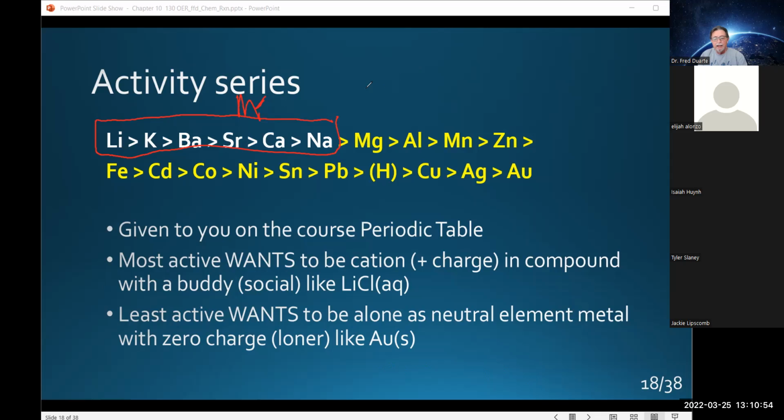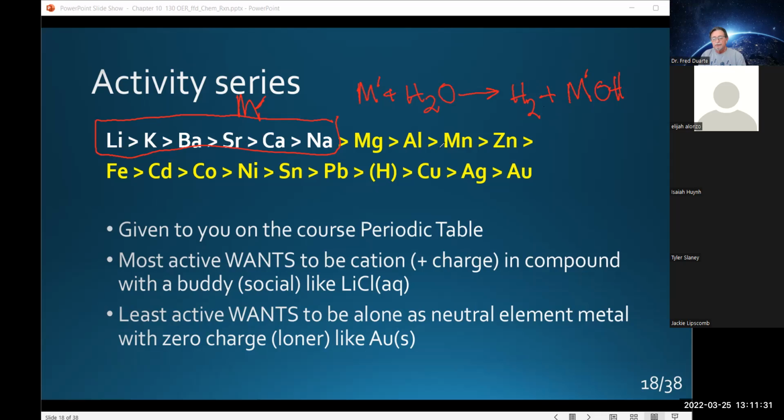So M prime metals, that's lithium through sodium, in the presence of water, react violently, very, very quickly, and they produce hydrogen gas, plus they produce the metal prime hydroxide.